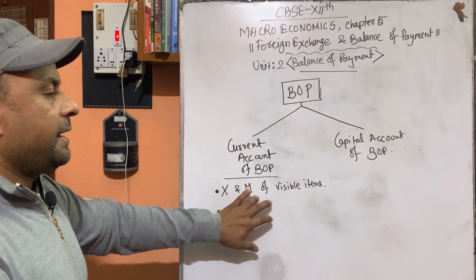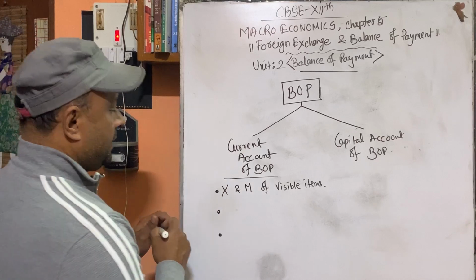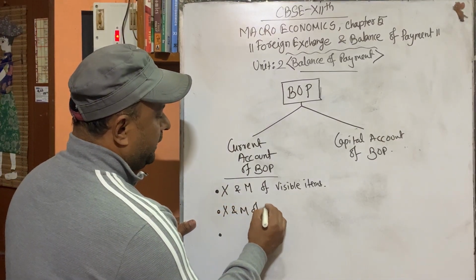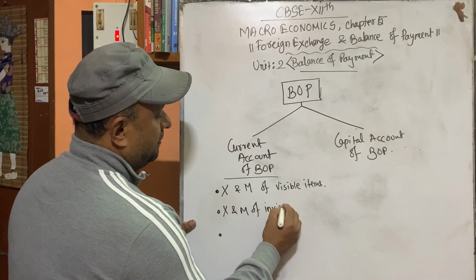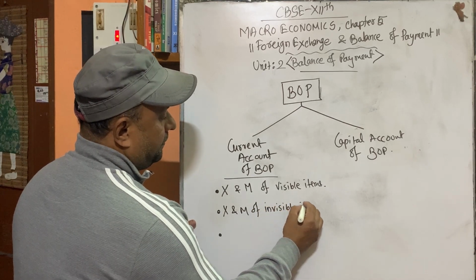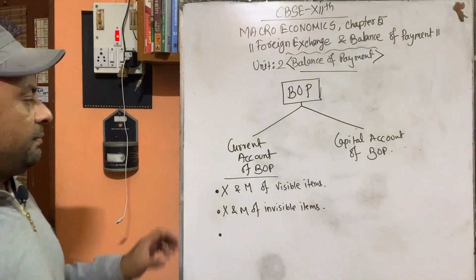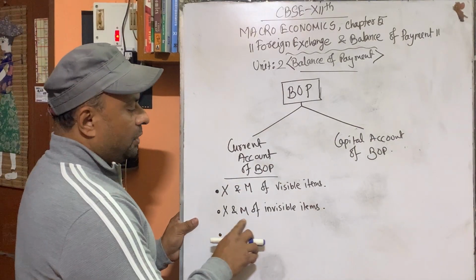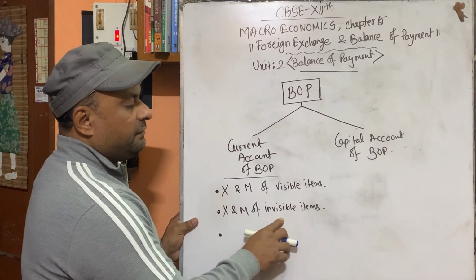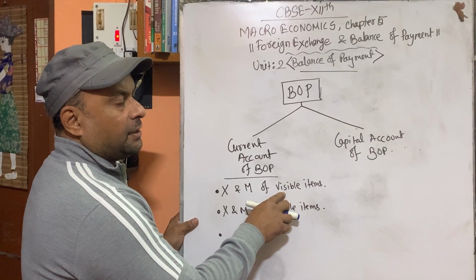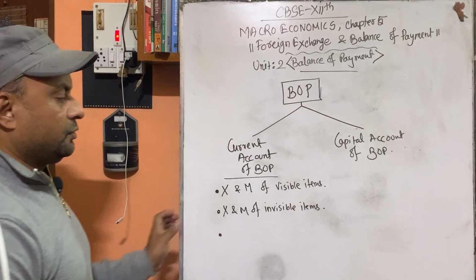This comes under current account of BOP. Second one is export and import of invisible items. That is, all types of services, technology, banking, insurance, these all come under export and import of invisible items. Items are there but not visible. Visible means material goods, these are non-material goods.